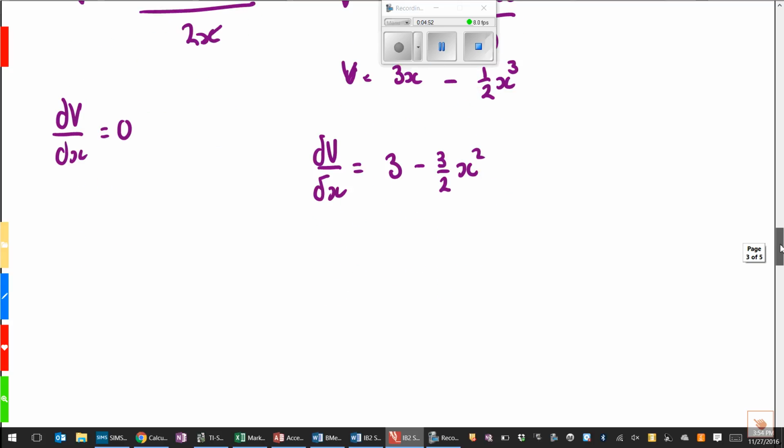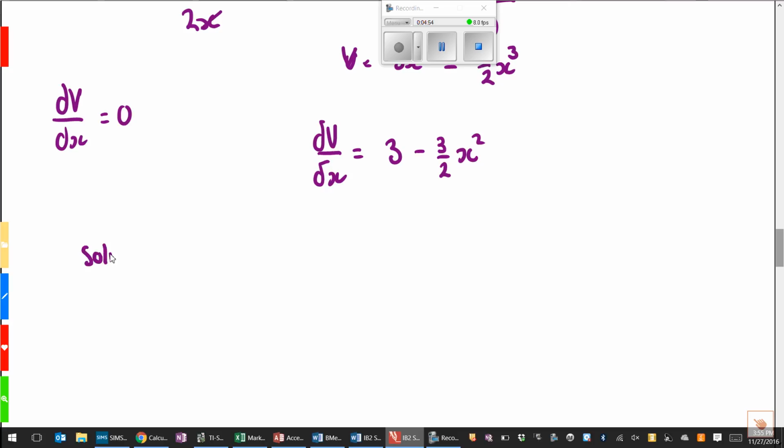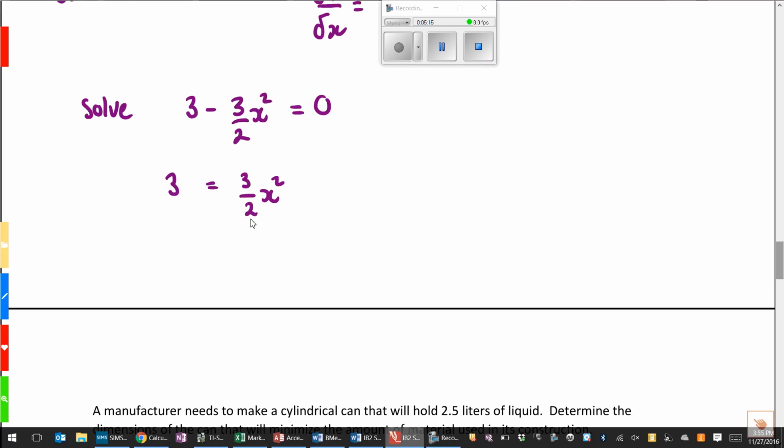So we now need to solve 3 minus 3 over 2 x squared equals 0. With a bit of rearranging, we get 3 equals 3 over 2 x squared, because I've added the 3 over 2 x squared to both sides. If I divide by 3 over 2, times 2 divided by 3, that will be 2 equals x squared.